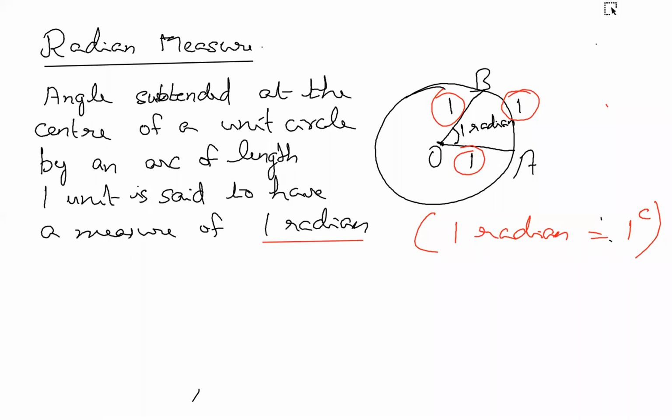Now we have the relationship between degree measure and radian measure. We have studied a new measure, that is the radian measure. Now we are going to write the relationship between degree and radian measures.